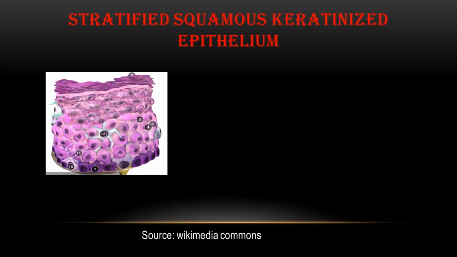This type of epithelium is present where tissues are exposed to regular abrasion. The dead cells in the uppermost layer, which are enucleated, are especially structured to be waterproof and it reduces evaporation.